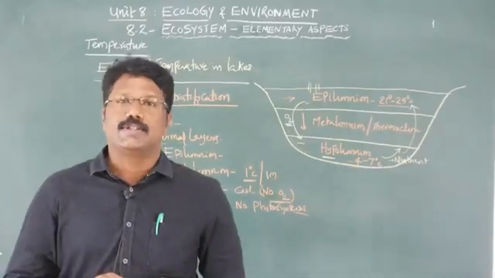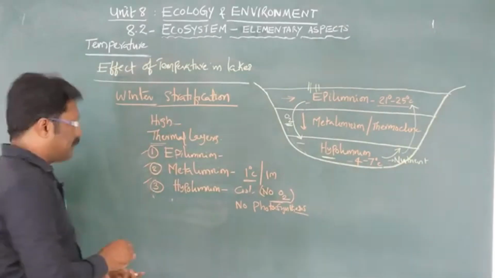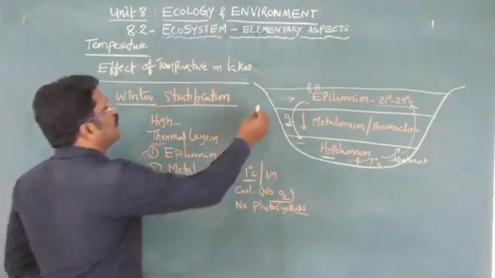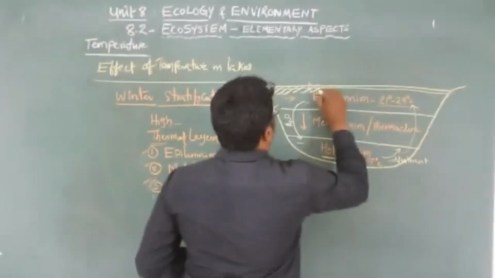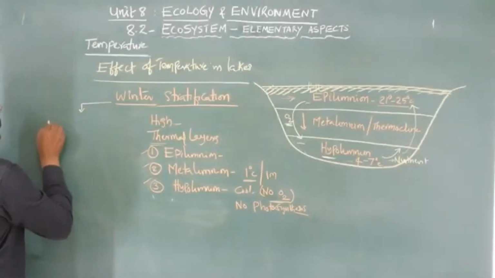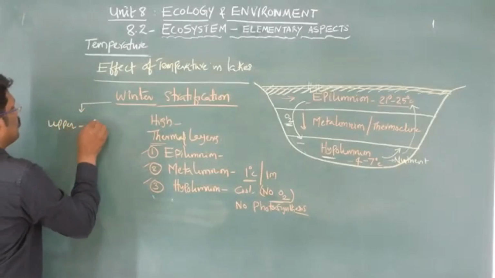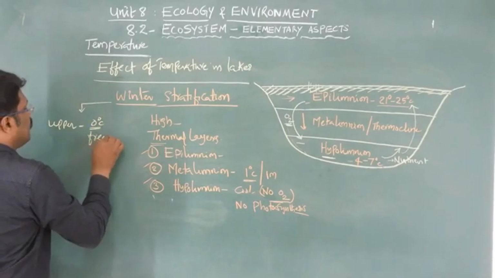So the next one is the winter stratification. In winter stratification, we can see the upper layer is completely frozen because of low temperatures. So in the winter, what happens? The upper region is around 0 degrees centigrade and it completely freezes.